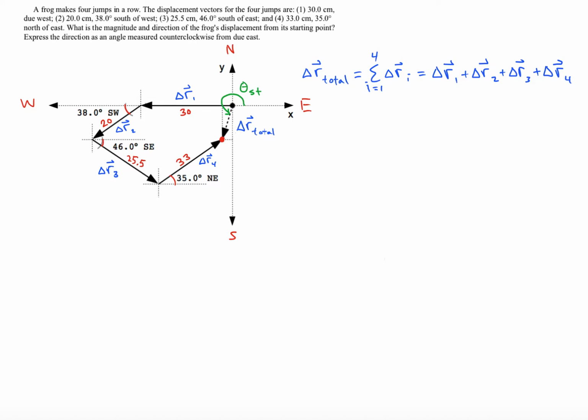Alright, so I'm going to write down a few givens, namely that delta R1 is 30 centimeters, delta R2 is 20 centimeters. These are the magnitudes or lengths of the displacements, and I'm going to use these in my calculations.